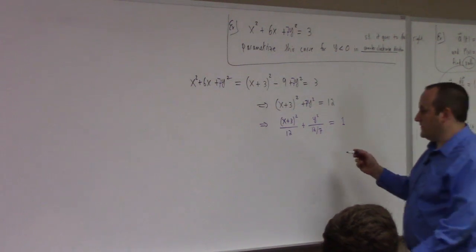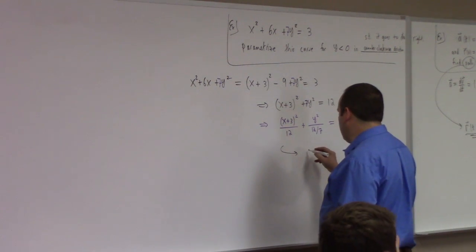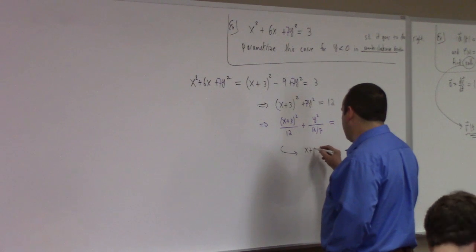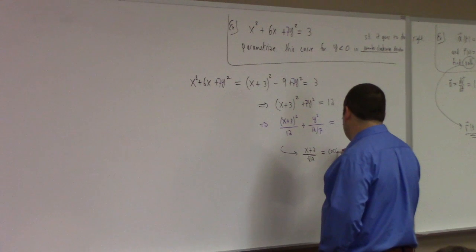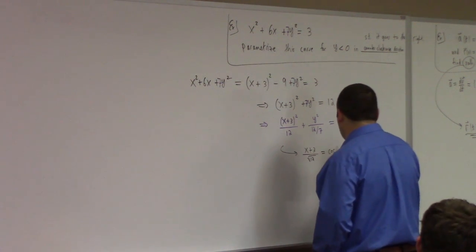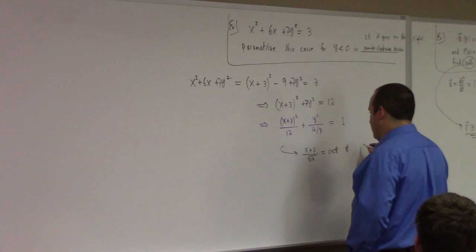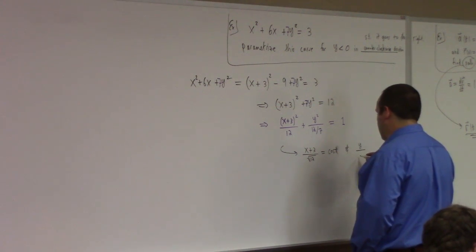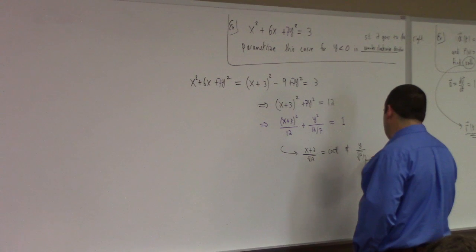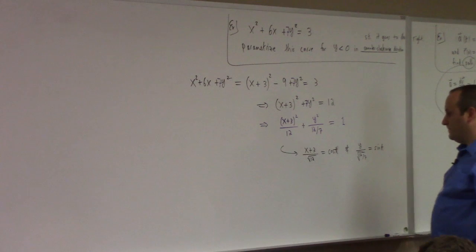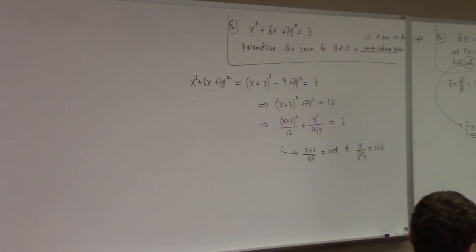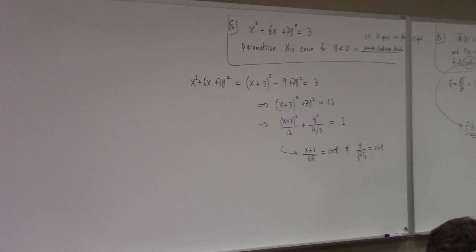So essentially what this tells me is that I should let x plus 3 divided by the square root of 12 be a cosine, maybe cosine t, and I should let y divided by the square root of 12 over 7 be something like sine t. I'm pretty sure that if I do that, that gives the curve a counterclockwise direction, because the usual sine cosine parameterization is counterclockwise.